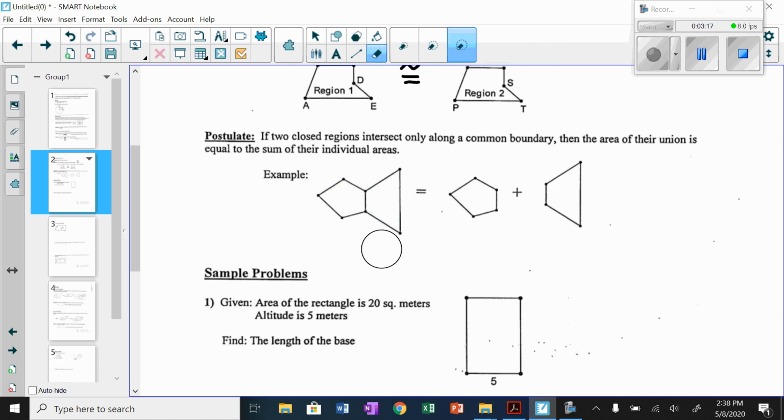If I wanted to find the perimeter of this figure right here, could I find the perimeter of the pentagon and the perimeter of the quadrilateral and then add them together? The answer is no. Why is it no? When we're finding the perimeter of the pentagon, we're finding the outside length plus this middle part.